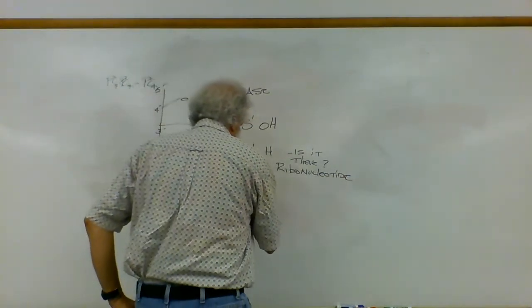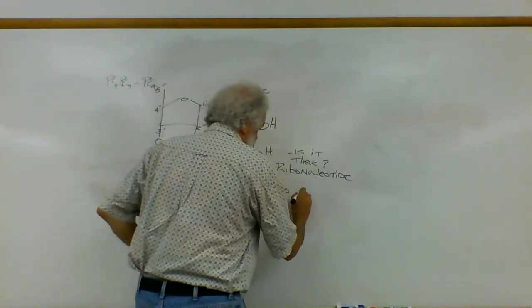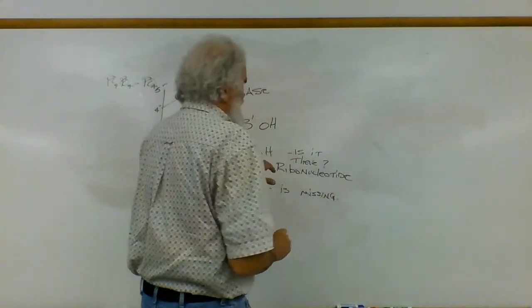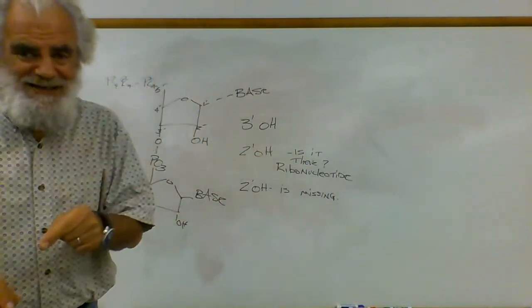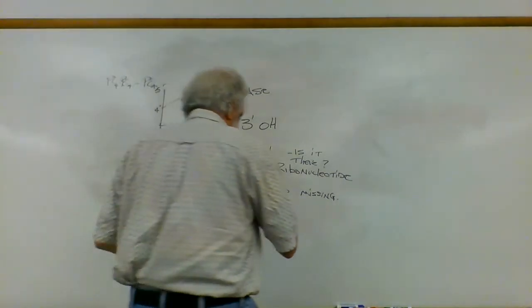If the 2' hydroxyl is missing, then this is known as a deoxyribo sugar or a deoxyribonucleotide.